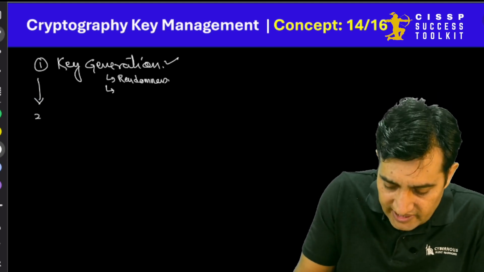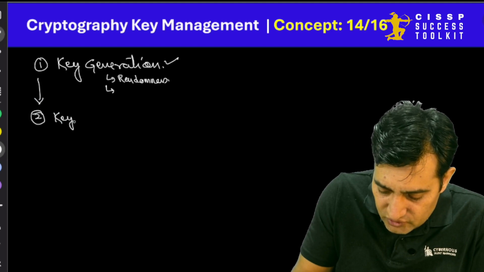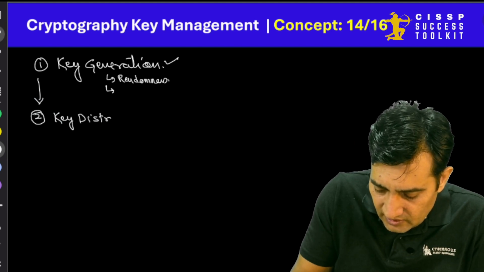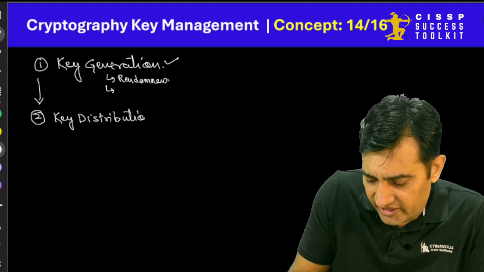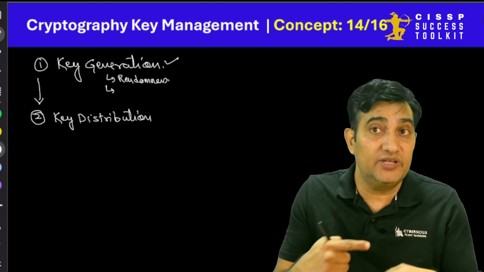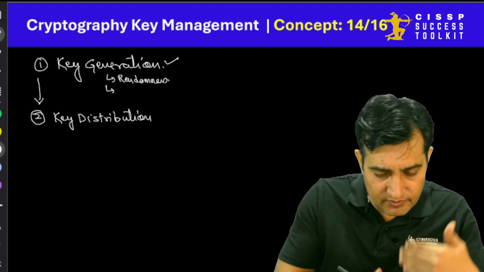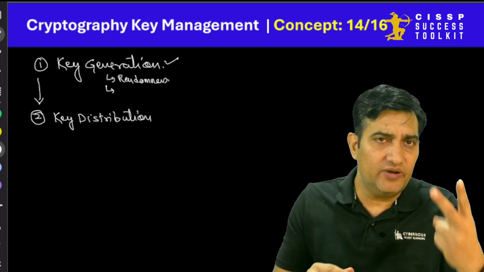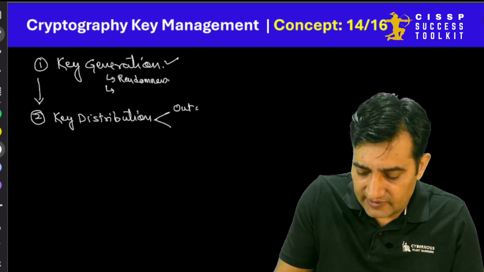Life cycle stage number two is called key distribution. Once the key is generated, it has to be distributed to the appropriate people. And whenever we distribute a key, there are two different ways. One is out of band.